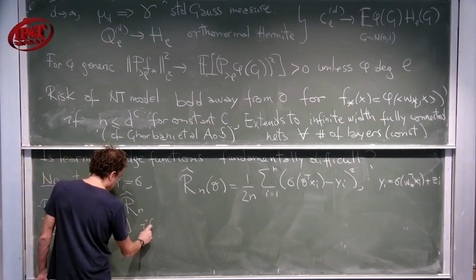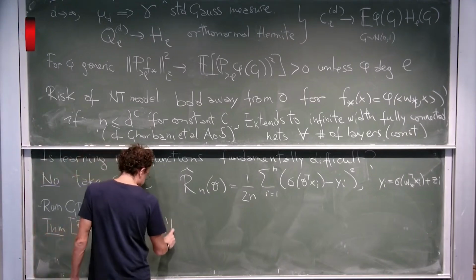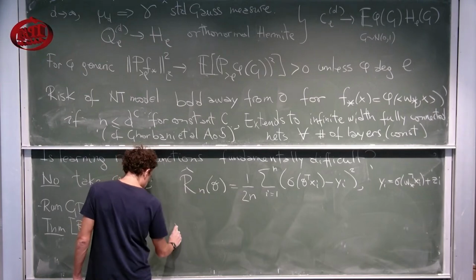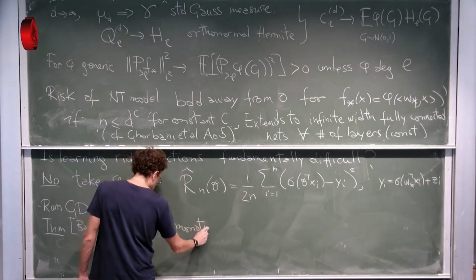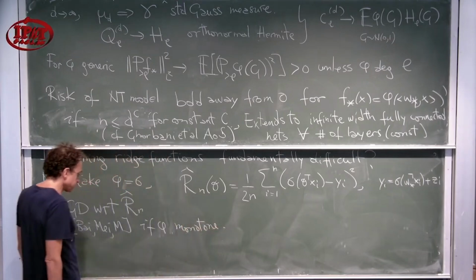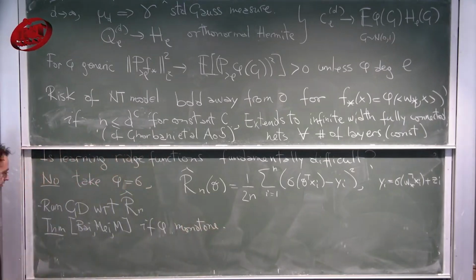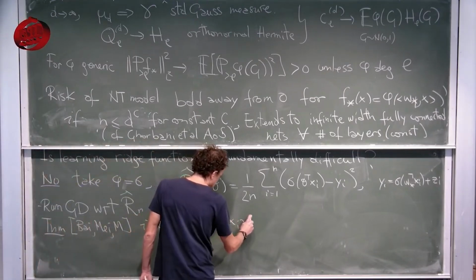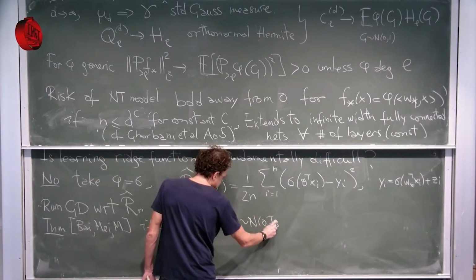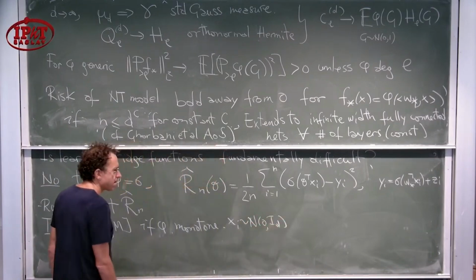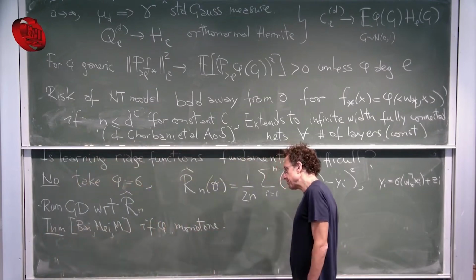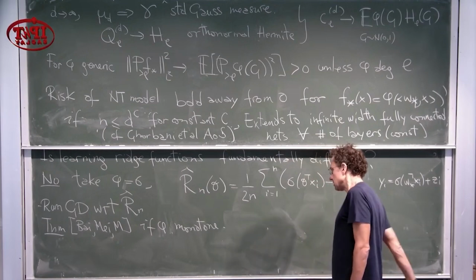If sigma is monotone increasing, and okay, there are a few other conditions, like it must be smooth, etc. But the basic assumption is that sigma is monotone.